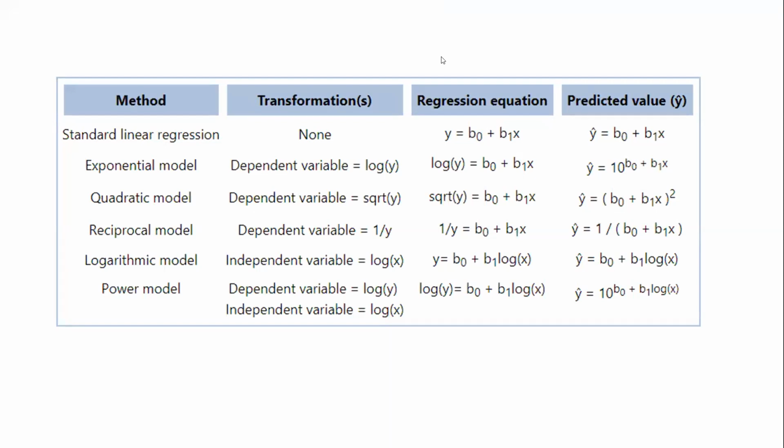If I take square root, quadratic linear regression model, reciprocal linear regression model. See, all these things are applied on Y. First 3. Then apply log on X. Then apply log on both. You can see, guys, method, transformation, equation.